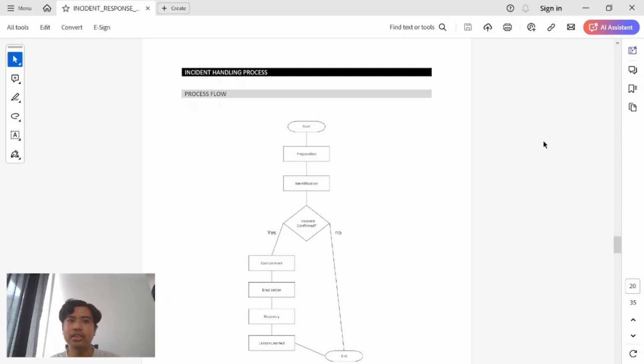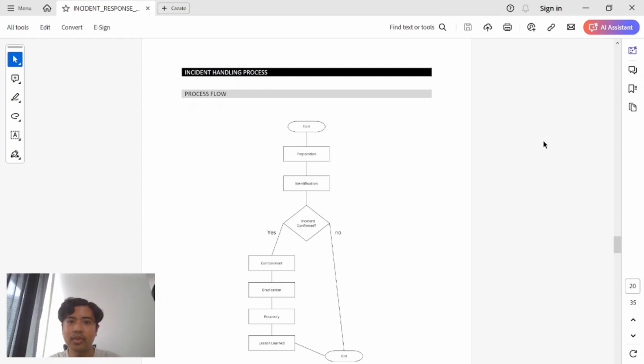Next is the recovery phase. In the recovery phase, affected systems are restored to normal operation through restoration, reconfiguration, and data restoration from backups, while closely monitoring for recurring issues to ensure a secure environment, minimize downtime, and maintain business continuity. And next is lessons learned.